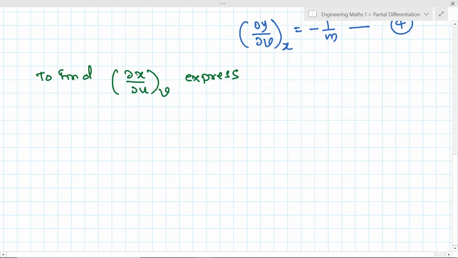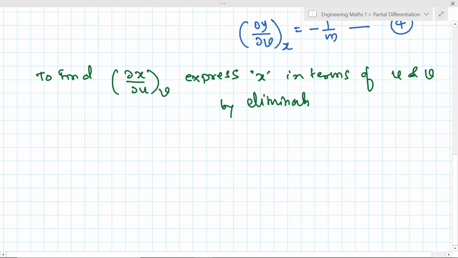We want the derivative of x with respect to u treating v constant, so express x in terms of u and v by eliminating y.